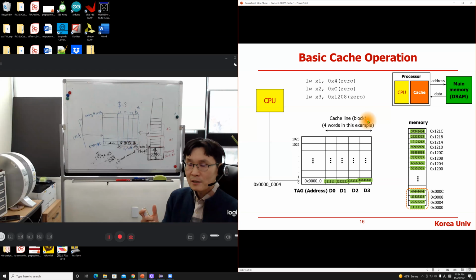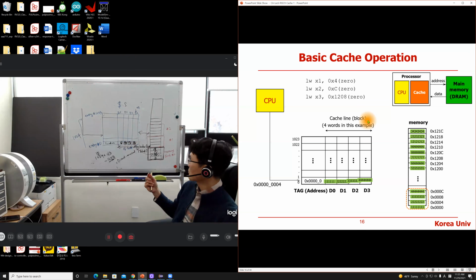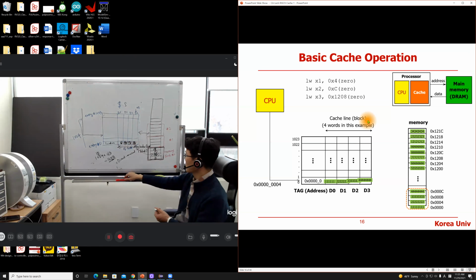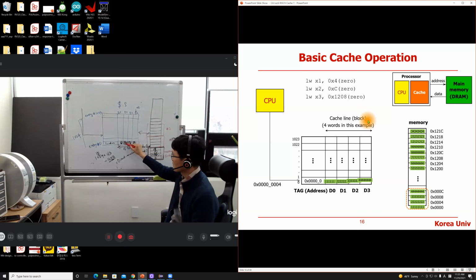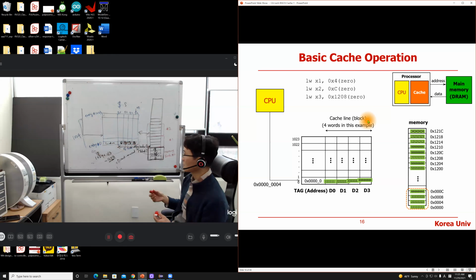Why is that? Because we want to exploit locality characteristics in your program. Again, what locality? Two localities: temporal locality and spatial locality. What is temporal? You requested this data, I cached it, so I can provide the data to the CPU directly.